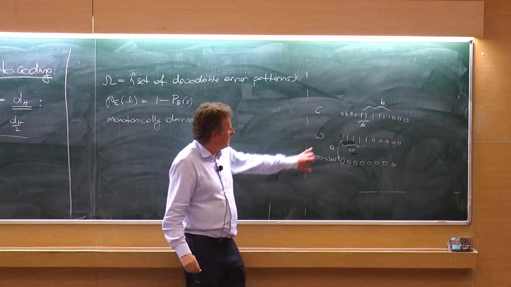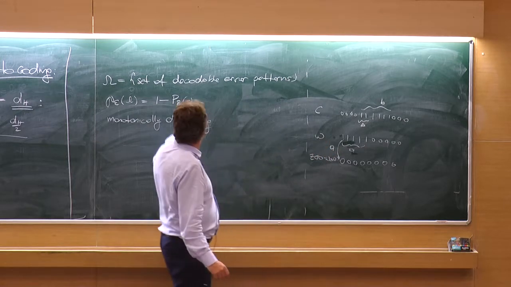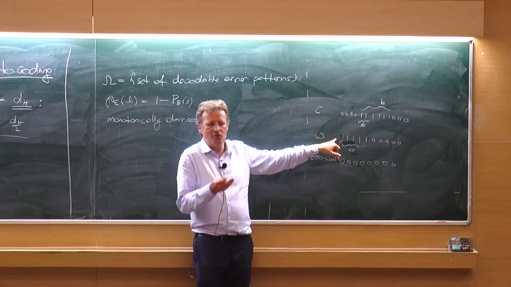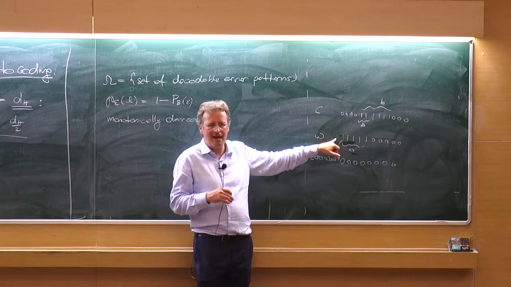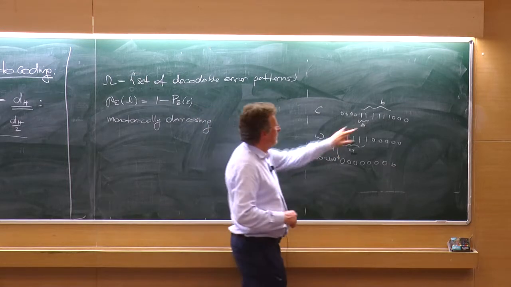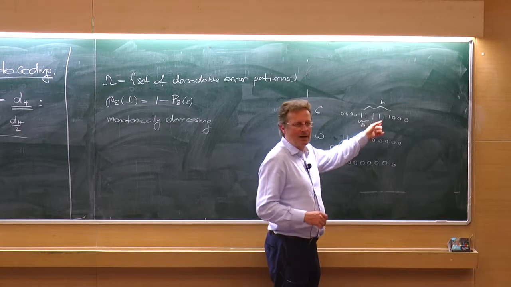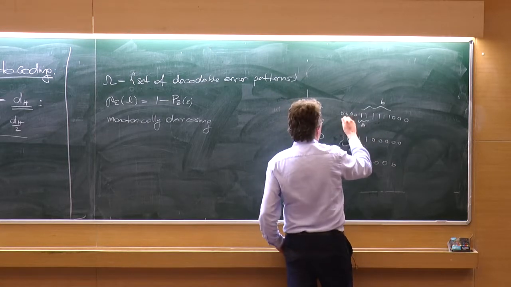So to be successful, to be in that set, it must be that this pattern has no neighbors that are closer than a. So let's check what this would mean for the overlap. What is the distance from here to here?